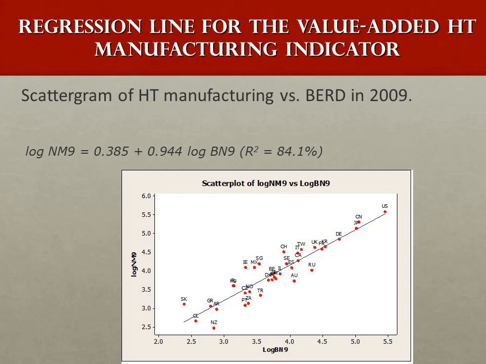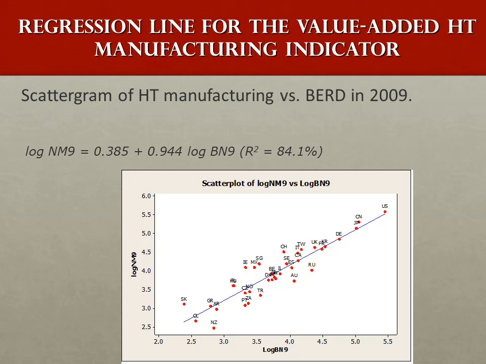Here's another way of looking at that same thing. We've now focused on Bird as a statistical cause for high technology manufacturing. And so we're shown a scattergram for the various countries of the OECD. There's about 43 of them.